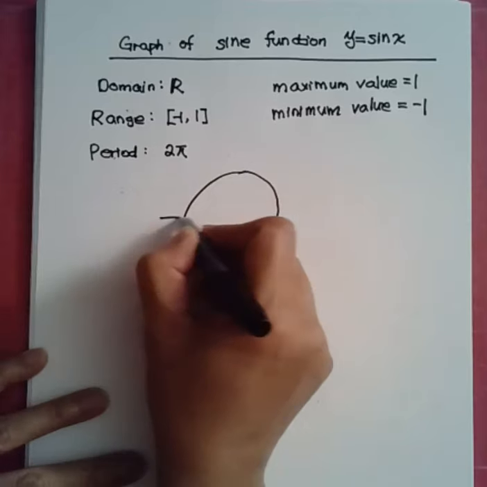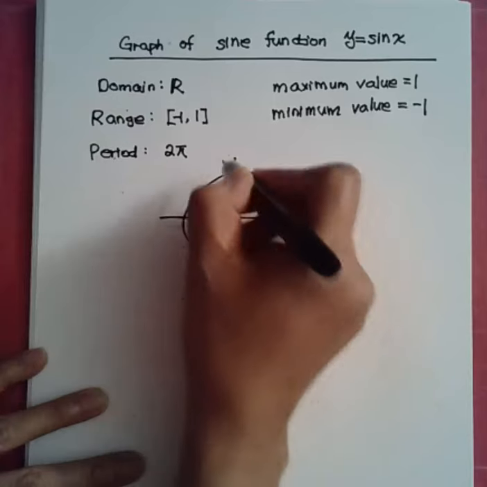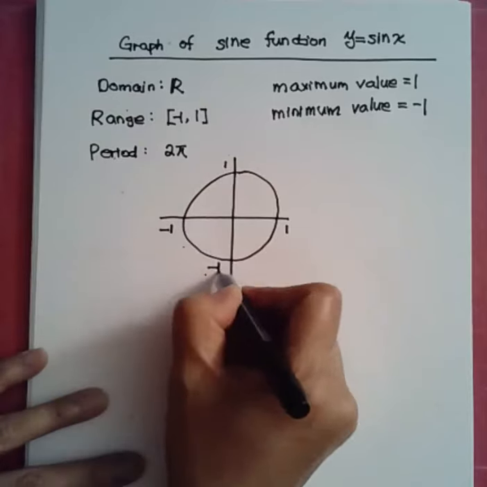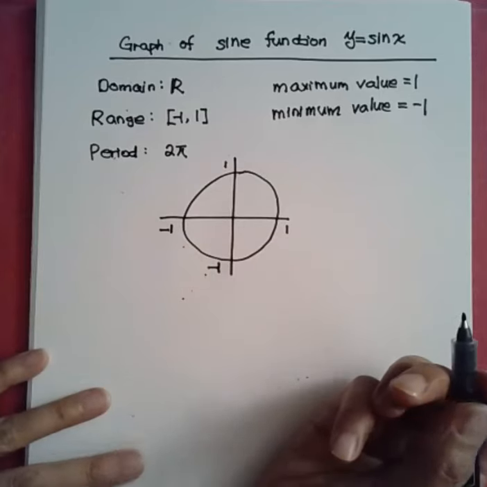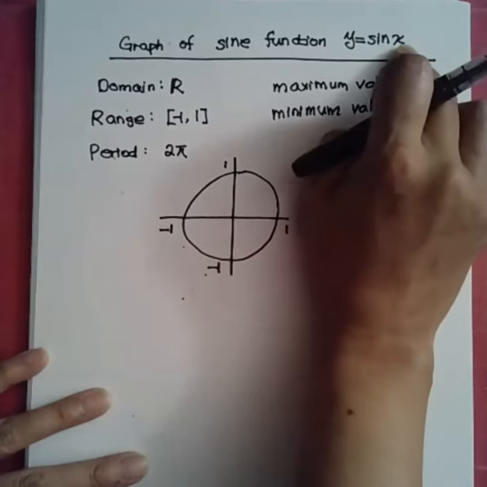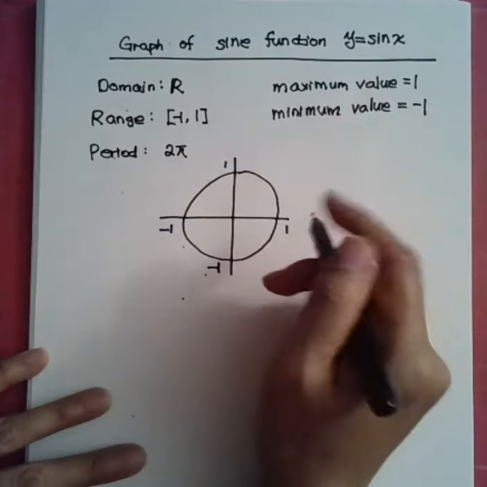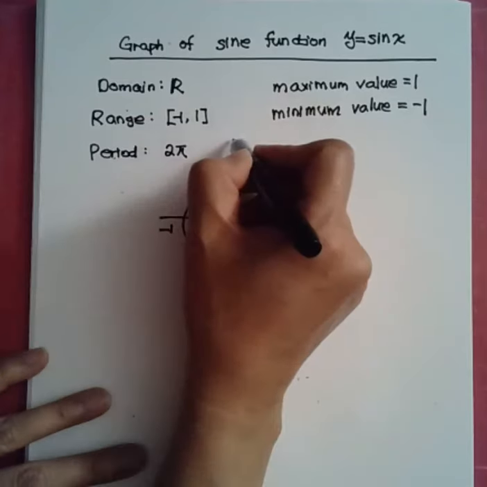Let's consider the unit circle. The input value of the sine function is a radian measure of the angle. So let's label it with the radian measure of the angle.